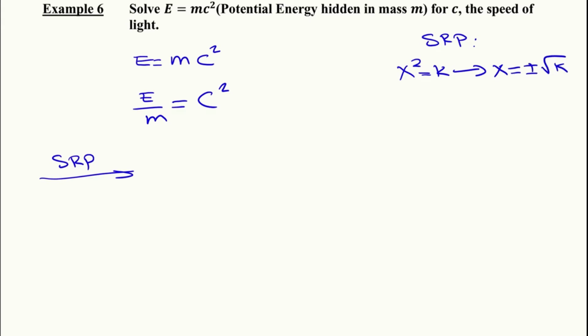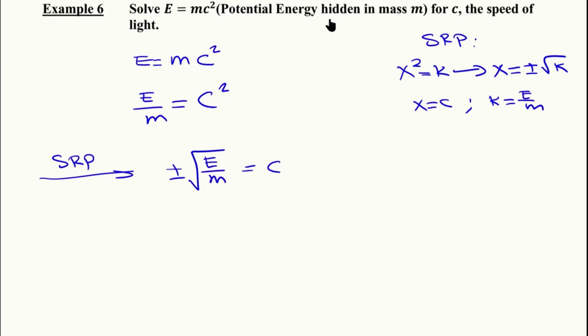So here, what's playing the role of x is c, and what is playing the role of k is E over m, right? So we end up with c equals plus or minus the square root of E over m.